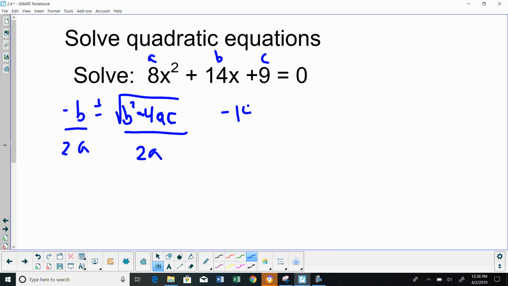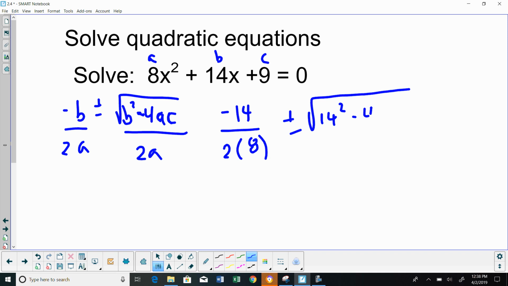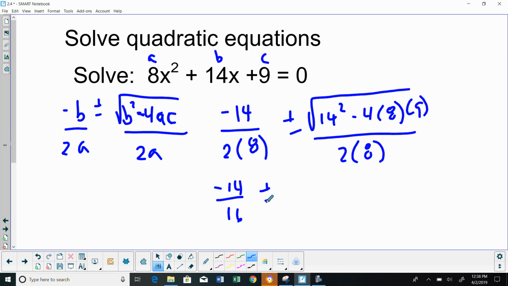So I'm going to get the opposite of 14 over 2 times 8 plus or minus square root of b squared, which is going to be 14 squared minus 4 times 8 times 9, and that's over 2 times 8. And when I do this, I get negative 14 over 16, plus or minus square root of 196 minus 4 times 8 times 9, which I'm doing on my calculator right now. 4 times 8 times 9 is 288.